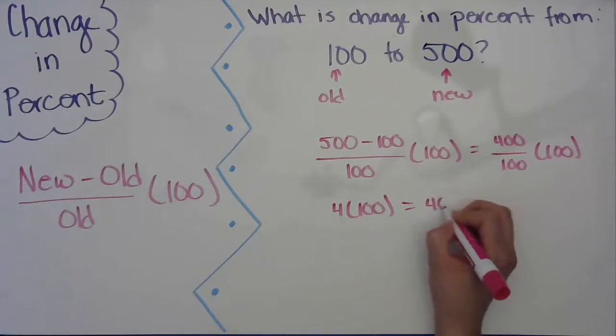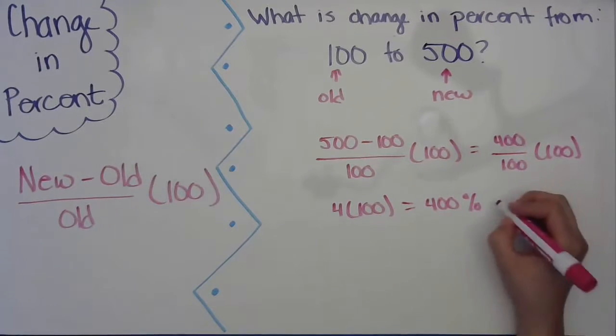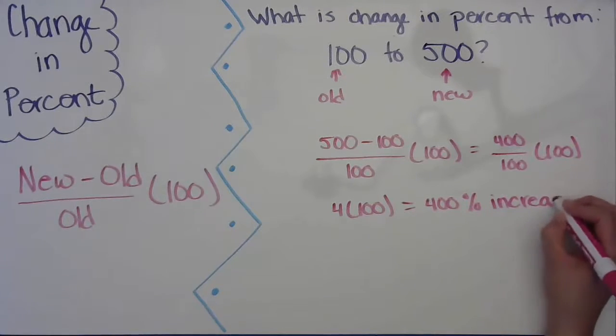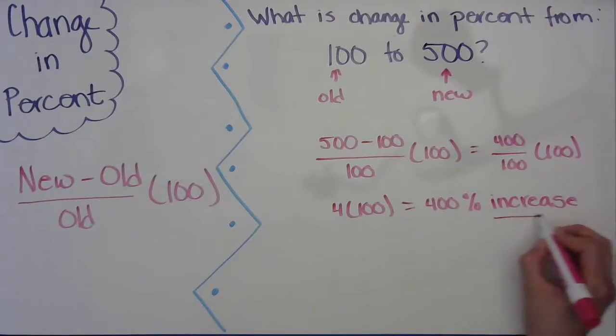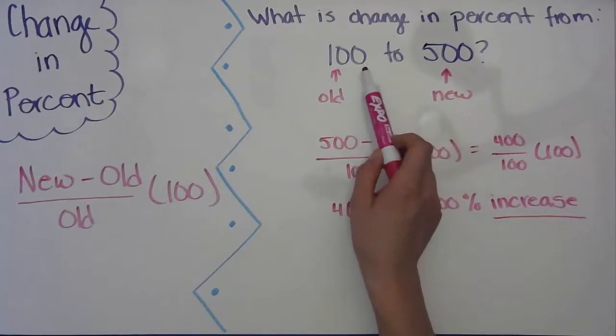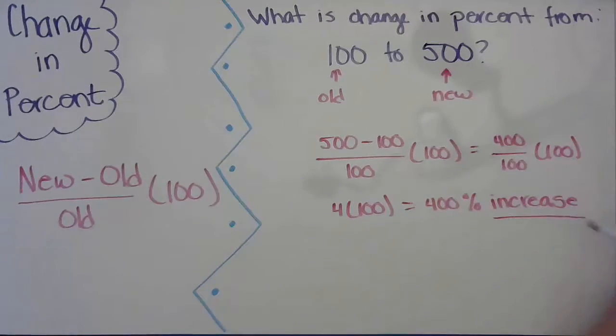So that's going to give us 400%. Now, since this is a positive number, that is going to be an increase. You need to make sure you write increase or decrease. Another way that you can decide if it's an increase or decrease is to look at your numbers. This is going from a lower number to a higher number, so that obviously is going to be an increase.